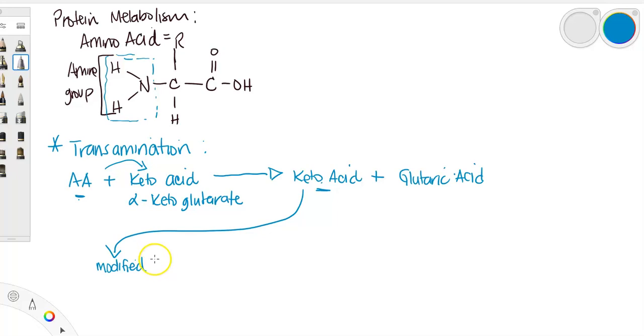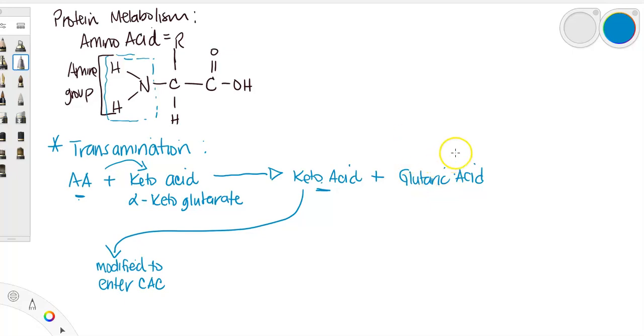It can be turned into alpha-ketoglutarate, or a couple of the different constituents around the citric acid cycle, and then it can enter that cycle to either make ATP or to make ketones or whatever. All right, so it is modified to enter the citric acid cycle. Okay.